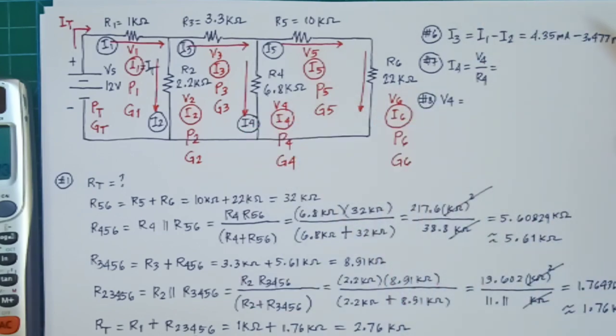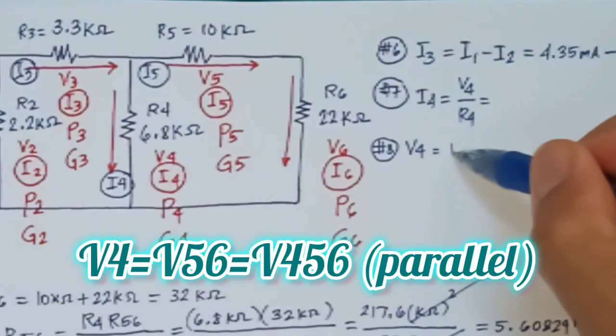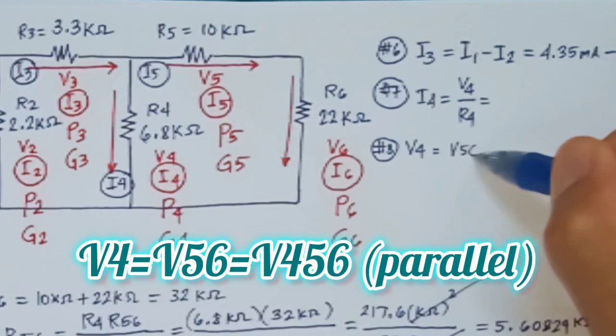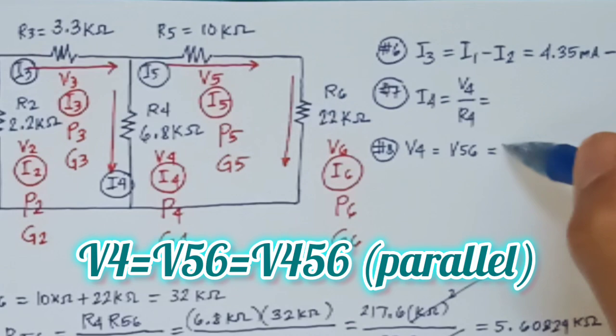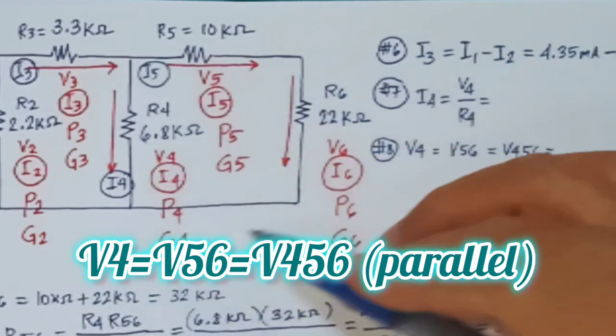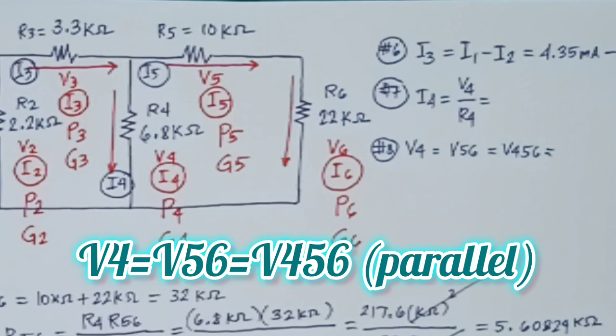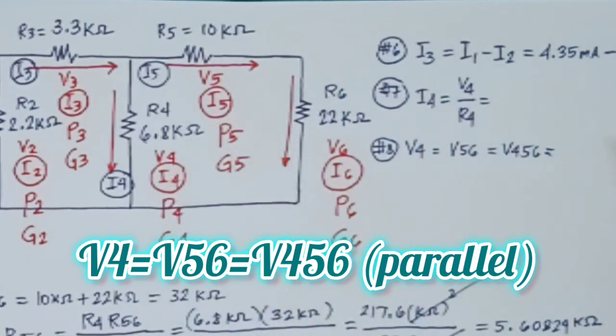V4 is actually the voltage across R4. What we'll do here is get V4 by making it equal to V56, and it's also equal to the whole parallel V456.